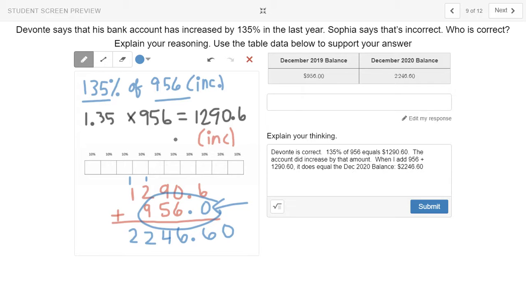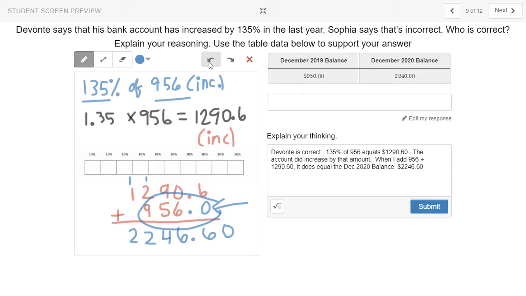So a faster way to calculate this would be to add 100% to this. What's 100% plus 135%? 235%. So if you actually multiply 2.35 times 956, you could try this out. 2.35 times 956 would actually equal the total balance. So you could do the step that I did originally, which is multiply 1.35 times 956 to get the amount increased, then add 956 back on.